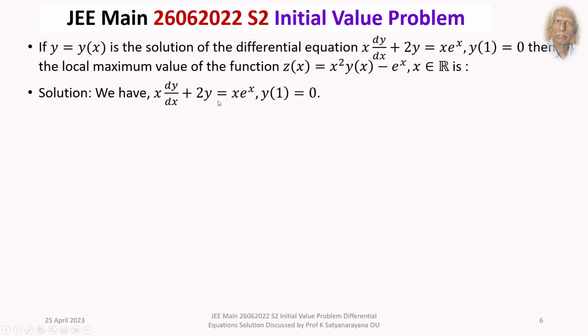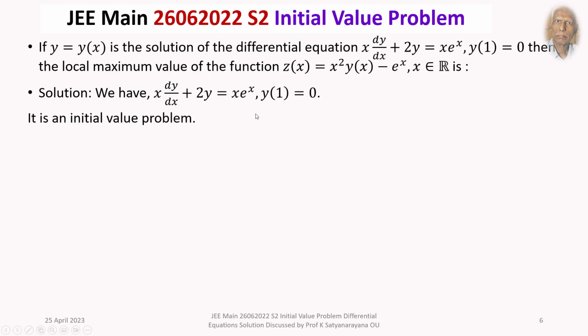We have this differential equation with an initial condition, that is the value of y when x is equal to 1 is 0. A differential equation equipped with an initial condition is called an initial value problem.